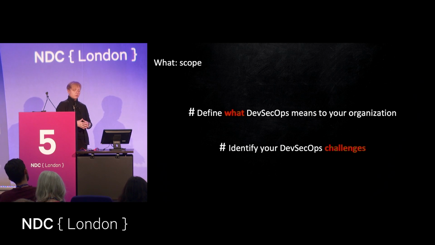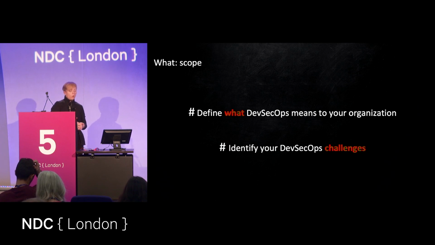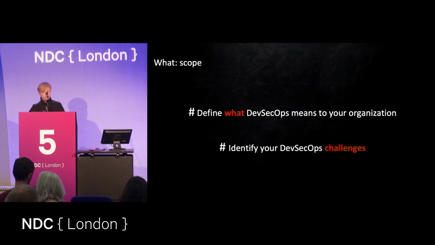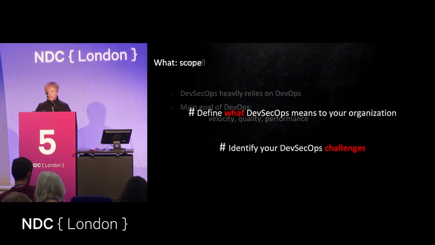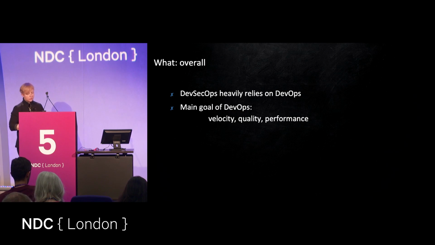Maybe you have defined for the organization that you are sticking with automating the security tests. I mean, that's okay. And once you have defined what DevSecOps is for you, you can identify your DevSecOps challenges. And based on those challenges, you can start to build your KPIs. And I will talk about the KPIs a bit more.